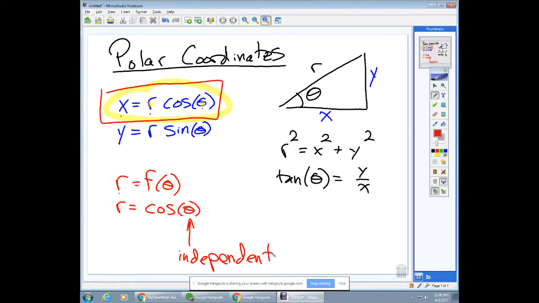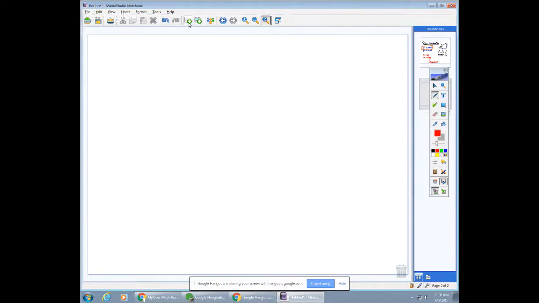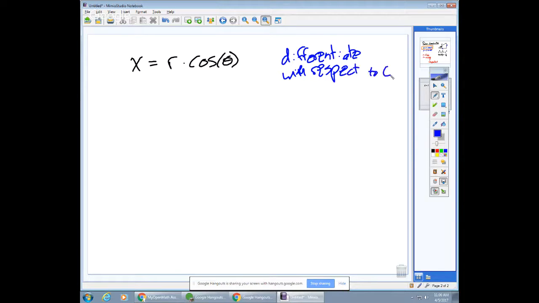And we'll talk about what all this means. So consider the equation x equals r times cosine of theta, and what we want to do here is differentiate with respect to theta. If we differentiate on the left side, the derivative of x with respect to theta is just dx/d theta.